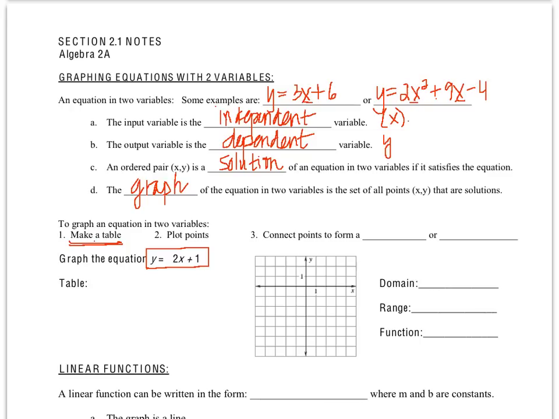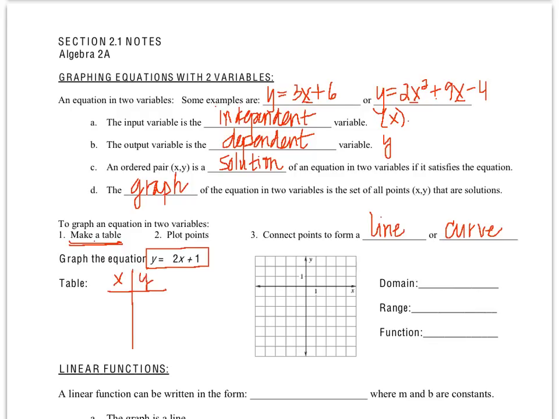Okay? Now, when we graph these, what we're going to get in this chapter is either a line, which we like better, or a curved graph. And I'm going to say curve instead of putting a name to it because, truthfully, I don't know what kind of curve I'm going to get. So, here we go. If I don't have a graphing calculator, I'm going to make a table.